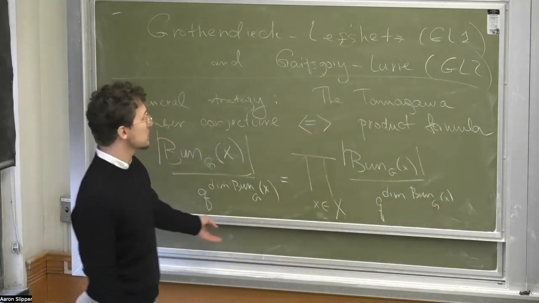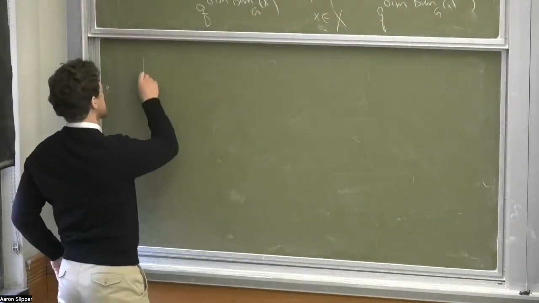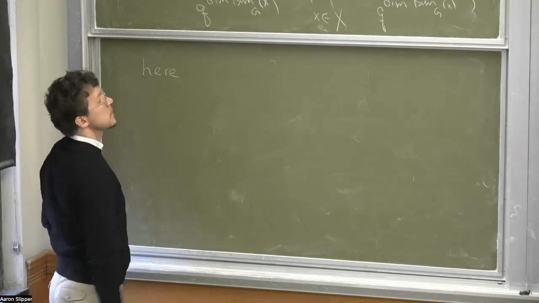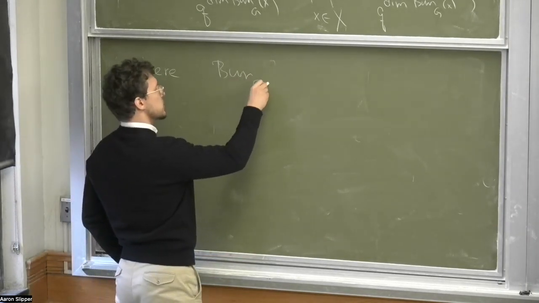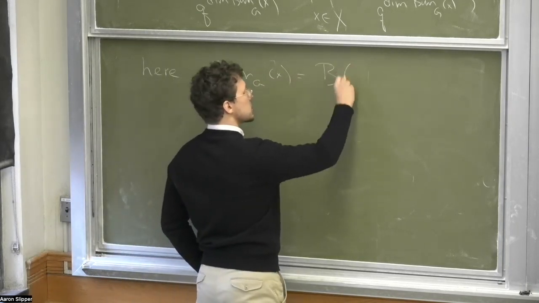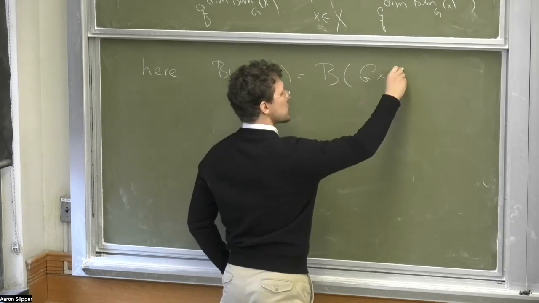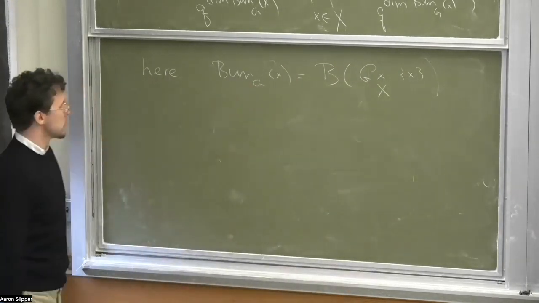Here BunG small x is just the classifying stack of the group over a point.